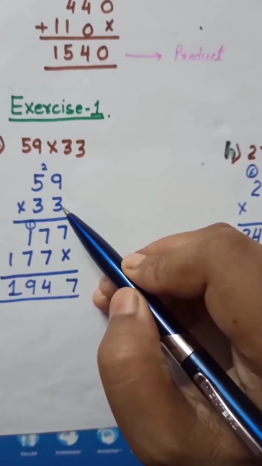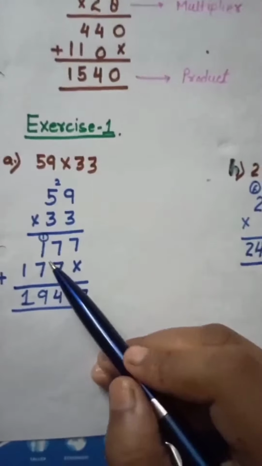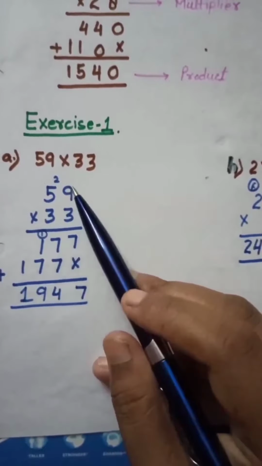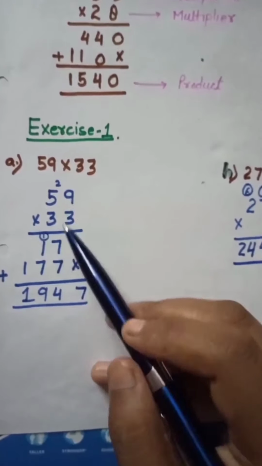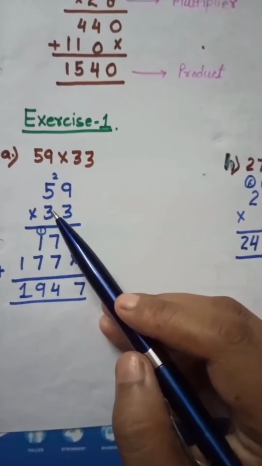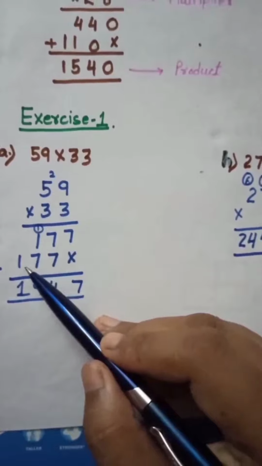Then 3 5s are 15, 15 plus 2, 17. Again we have to multiply this digit with this. So 3 9s are 27, 7, 2 will be carried again. Then 3 5s are 15 plus 2, 17.